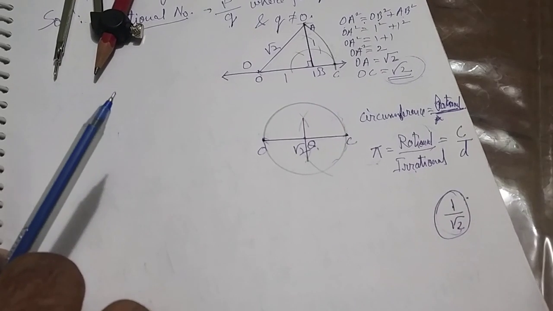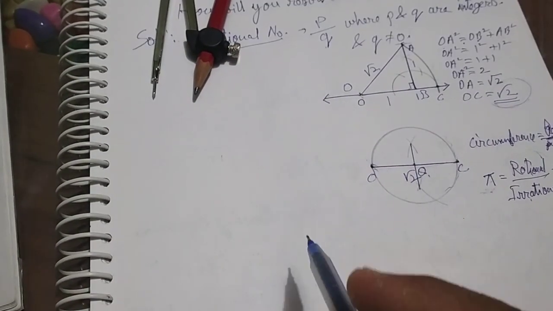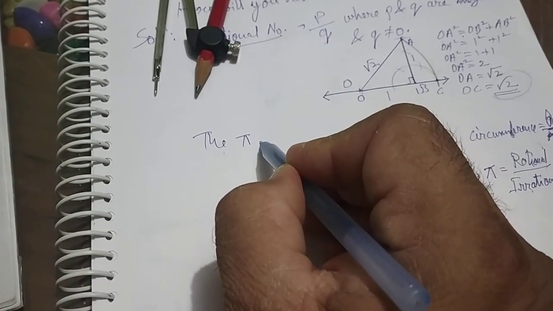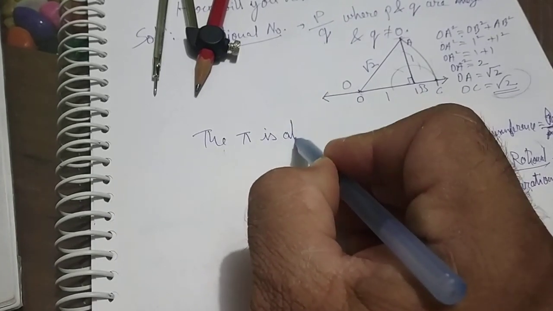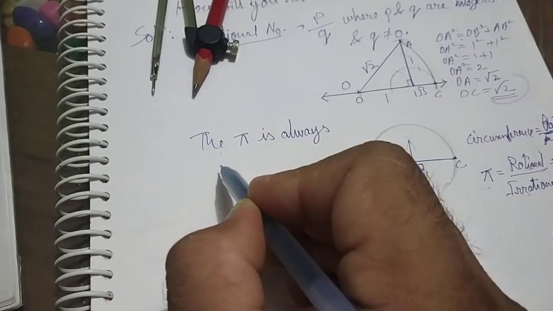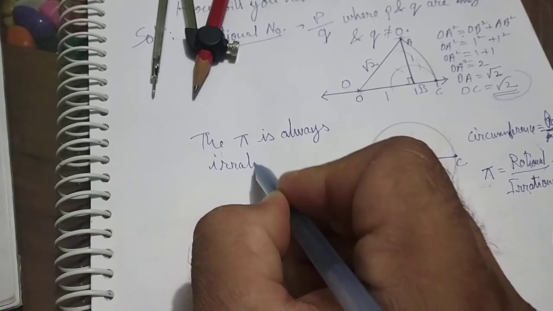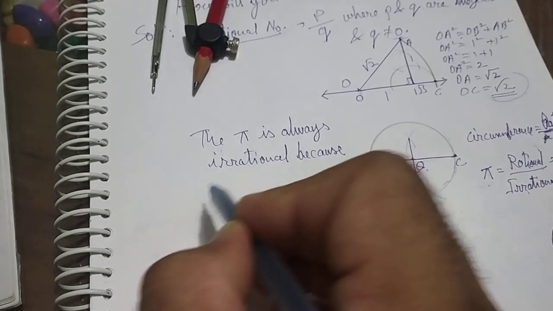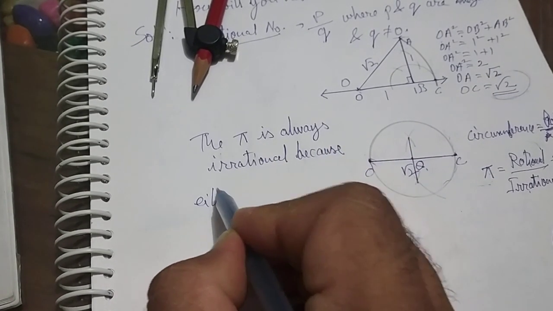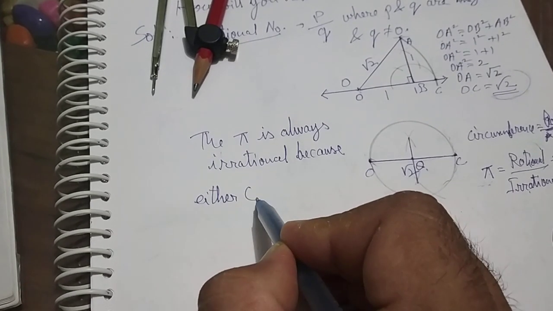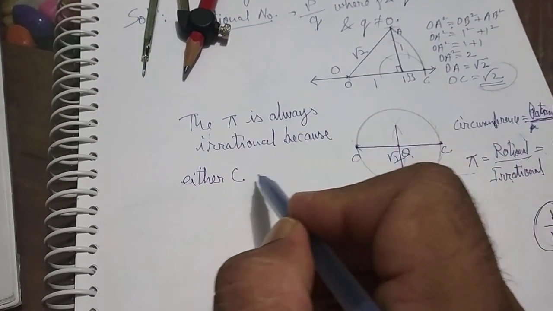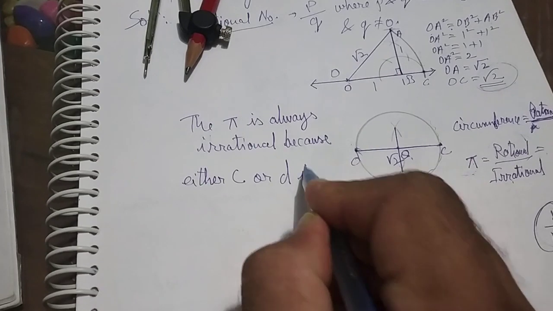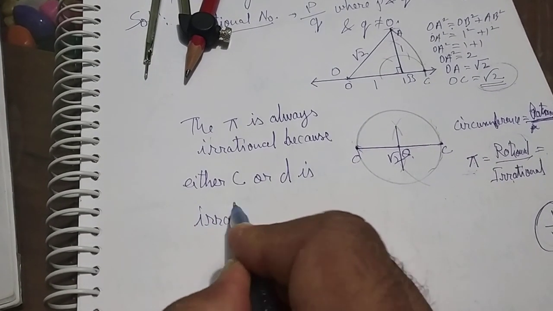So actually what happens, pi is always irrational because either C, that is circumference, or D, that is diameter, is irrational.